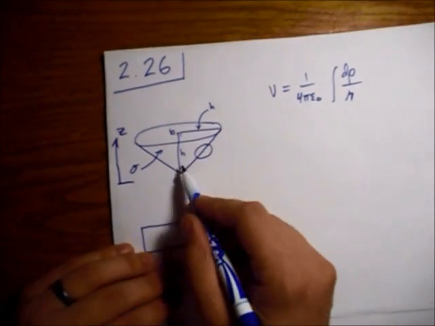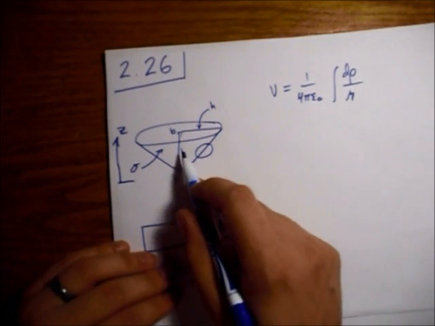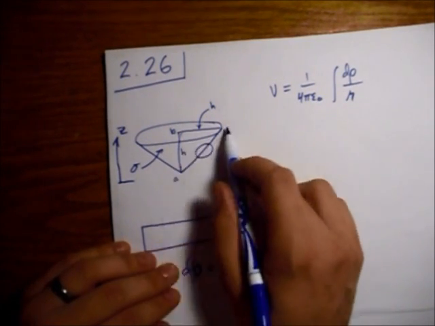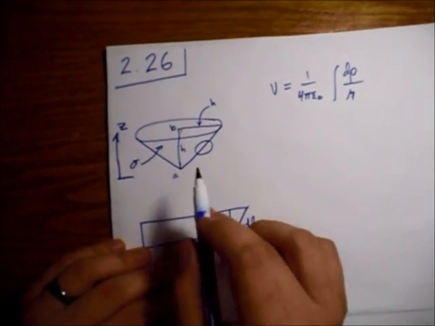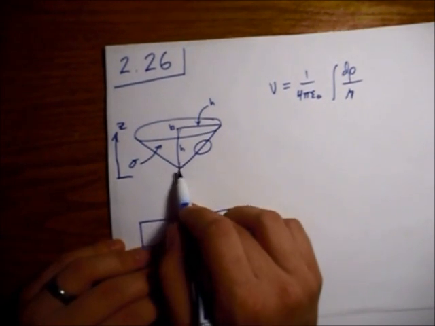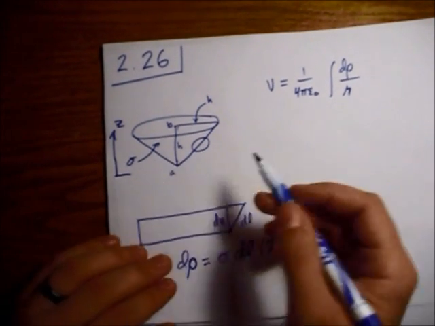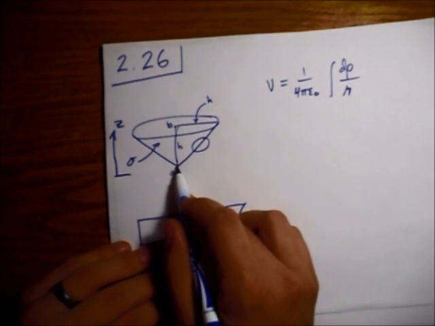This is just a right triangle with two legs the same. It's isosceles, so the radius is going to be the same as the height up, which is z. We're coming up from 0.